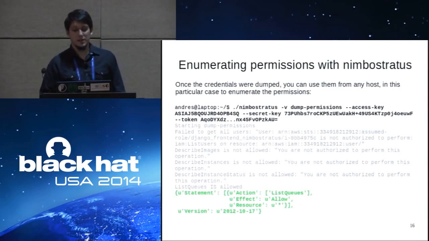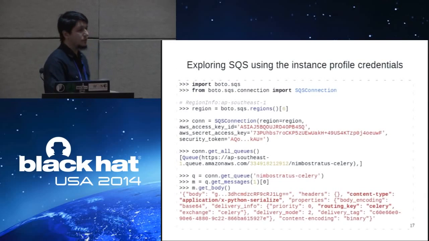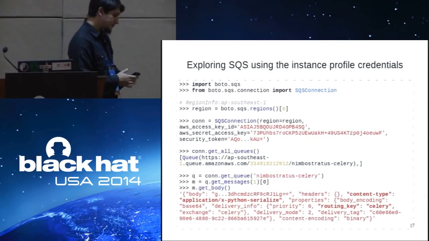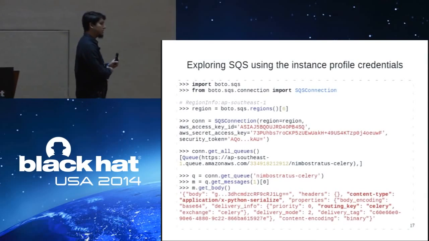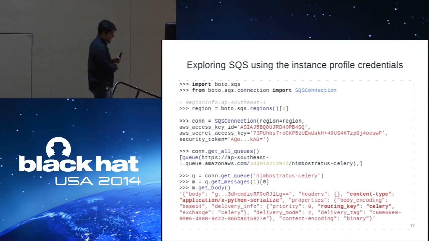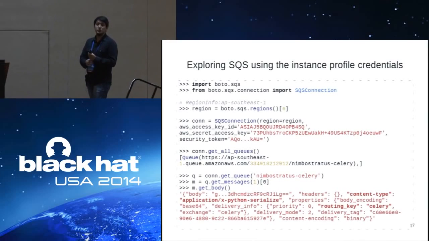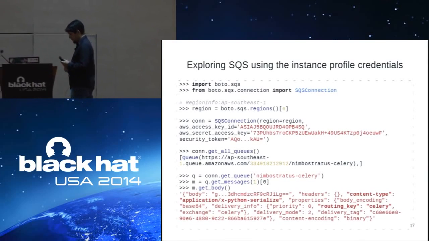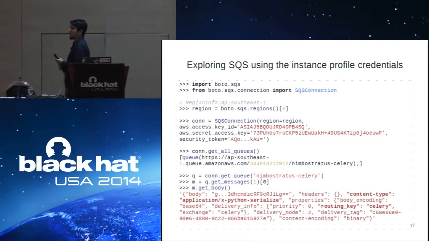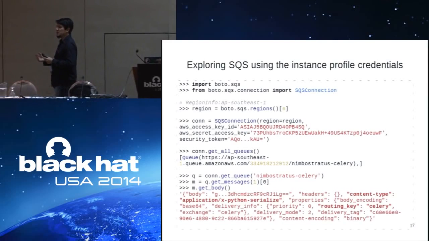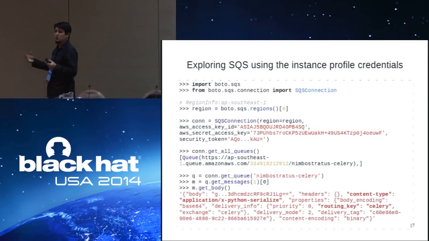At that point, I said, what is list queues? I don't know what it is. After a small Google search, I found out that list queues was a function in the SQS API from Amazon. SQS is basically a queue.